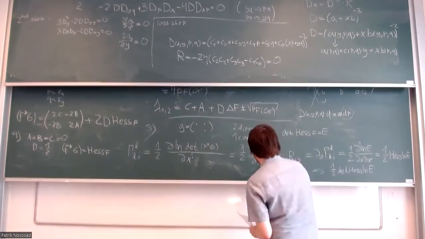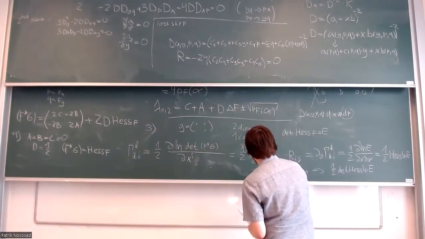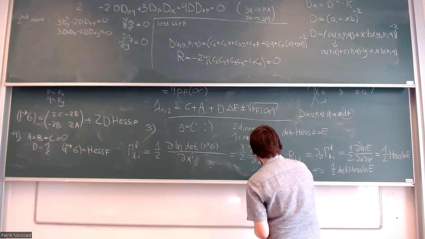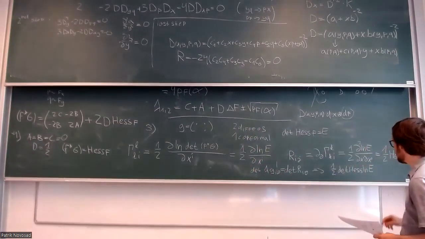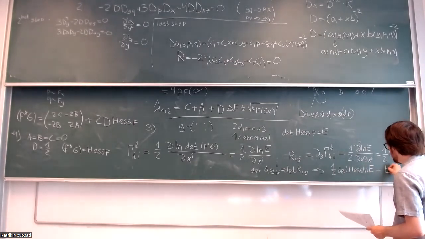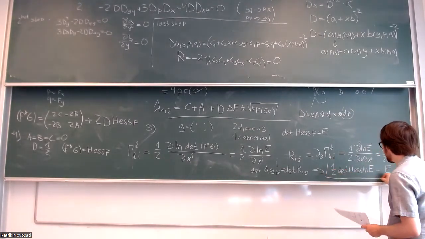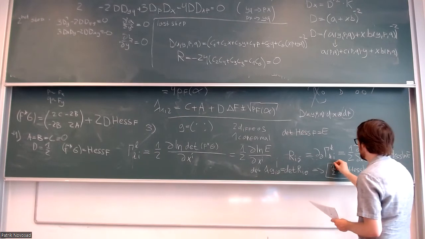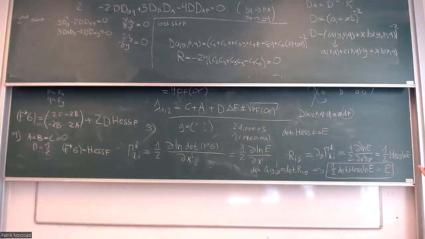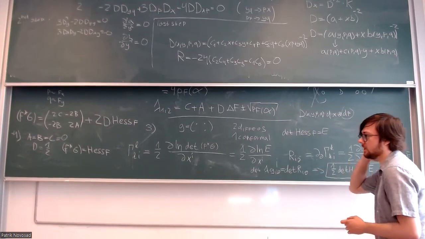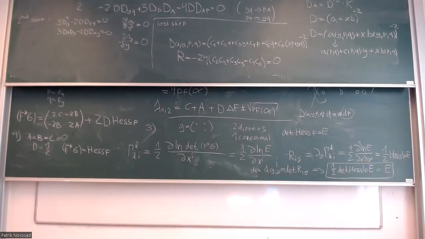If we want the Einstein equation, which is this, we take the determinant of that, and we get back e here. So this is the determinant of the Einstein equation. If you do it like that, you get this weird equation for the coefficient of e. This is one comment.